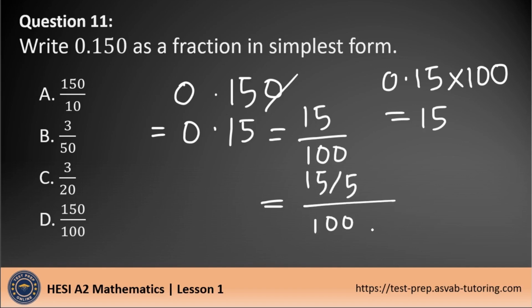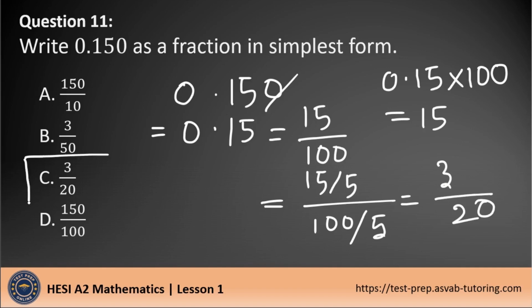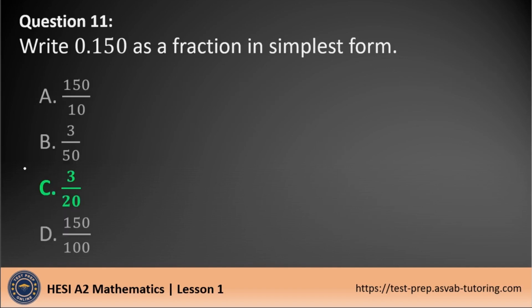Now 15 divided by 5 equals 3 and 100 divided by 5 equals 20. Now match with the answer. So here the answer is C. Option C is the answer, 3 divided by 20. Let's check the answer for question number 11. Here the answer is C.